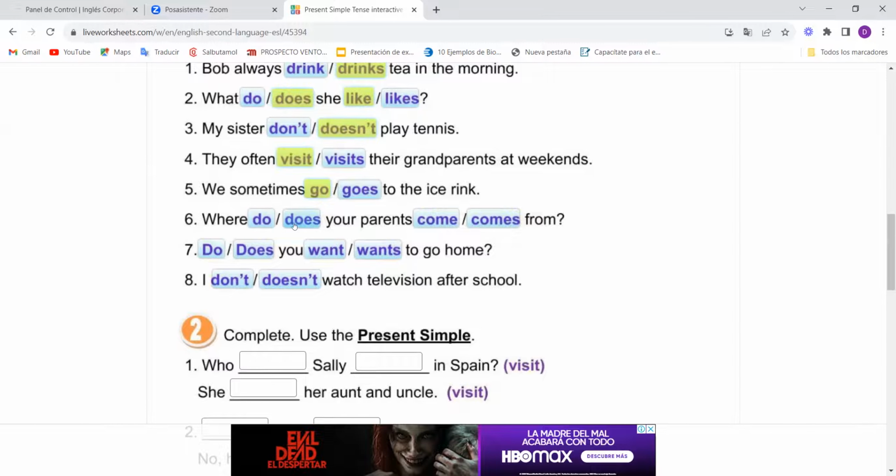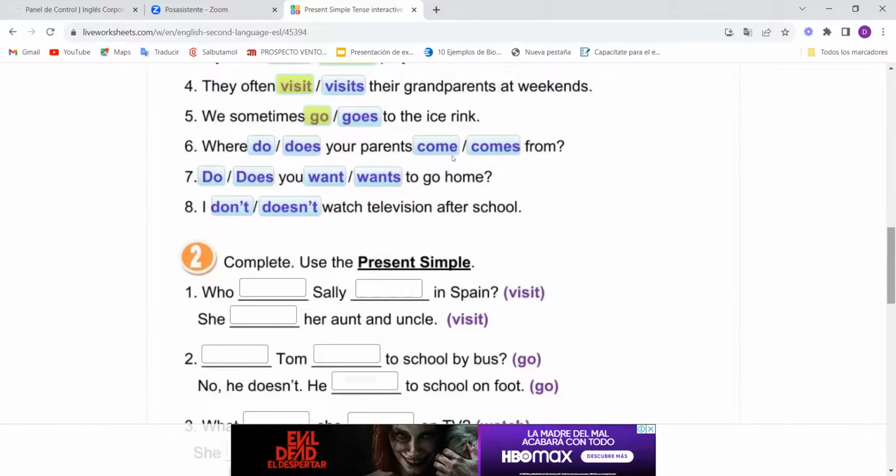Where does your parent comes from? Where do or where does? Creo que were those. In that case, the pronoun is your parents. Parents is plural. Sería do.